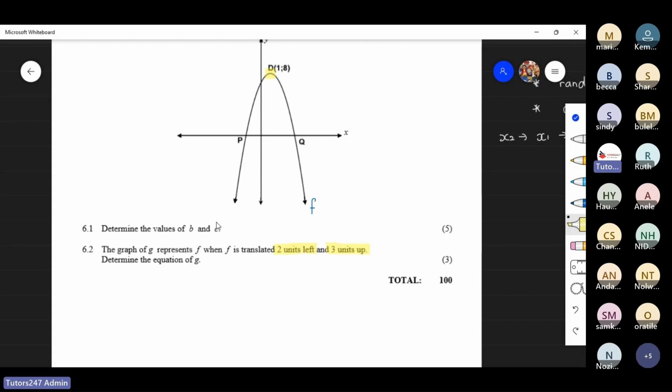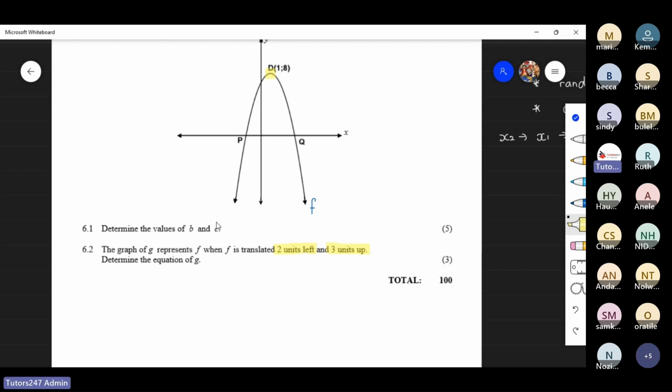The y value of your turning point will assist you in obtaining the range of that function. And when you shift, you focus on the turning point coordinates. We are going to shift the turning point coordinates 2 units left and 3 units up. That will produce our new function.